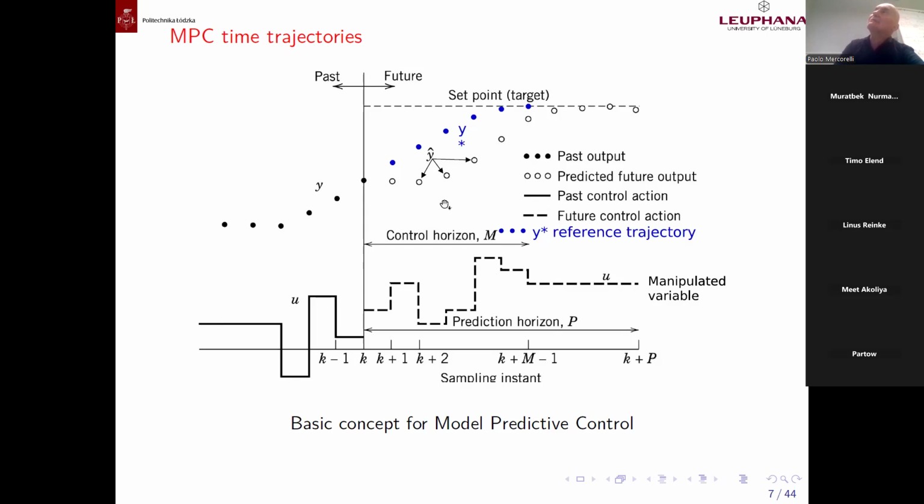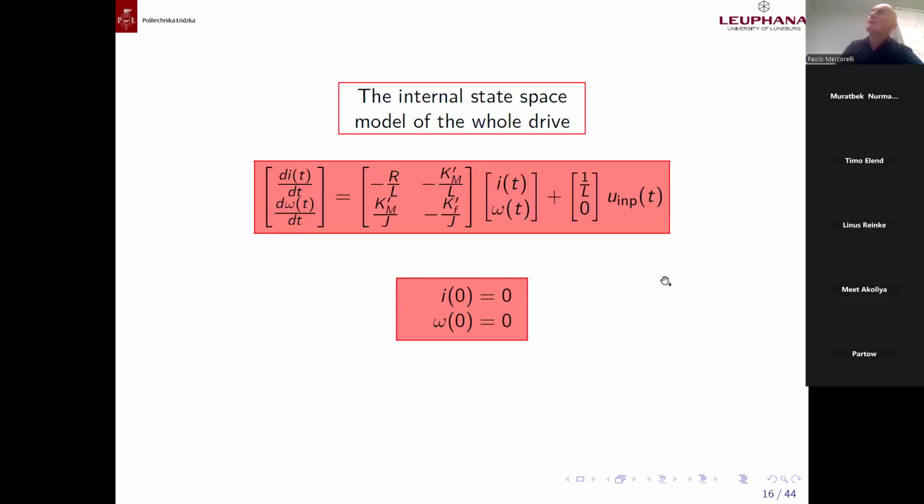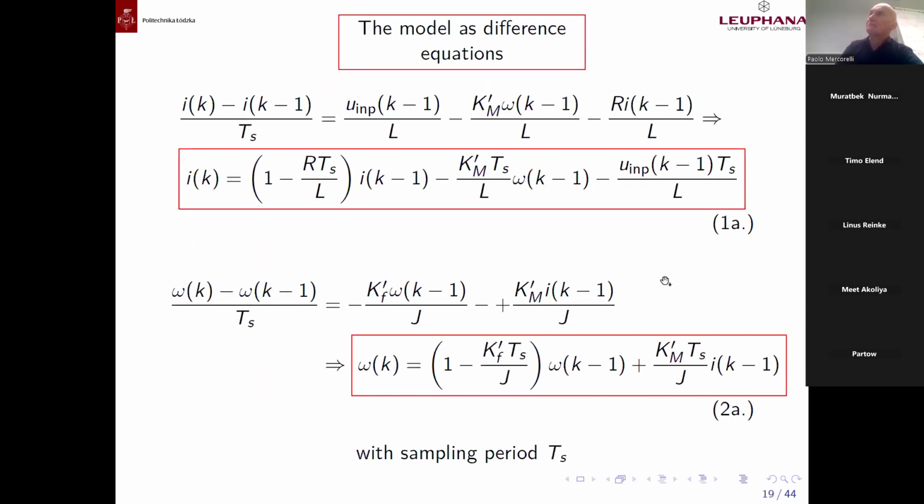Basically, inside each Ts, I don't see any variation of state variables, of set point, in the sense of desired trajectories, inputs, and so on. Very important, everything depends on Ts. The dynamics depends on Ts.